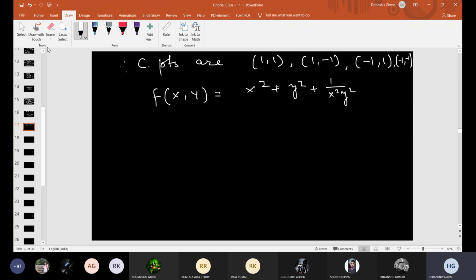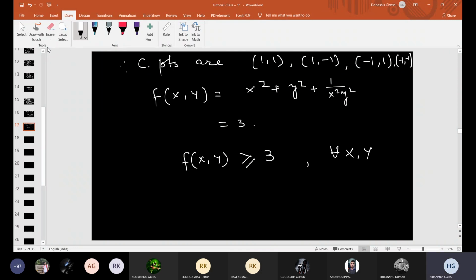All these are positive, and that gives the value 3. It will not be less than that. Also, if you increase the value of x and y both, then the value of f of xy will go larger. So therefore we can say that f of xy is greater than or equal to 3 for all x and y.